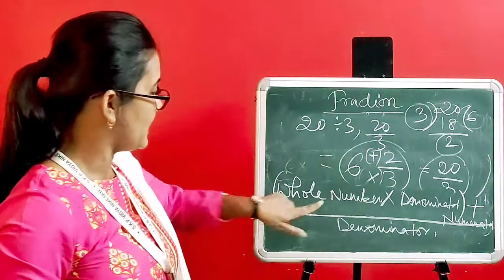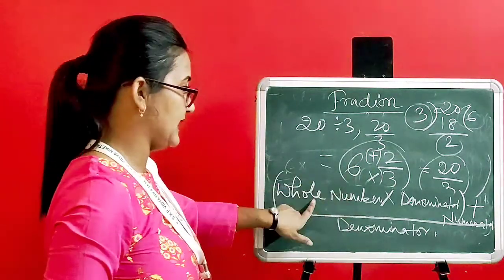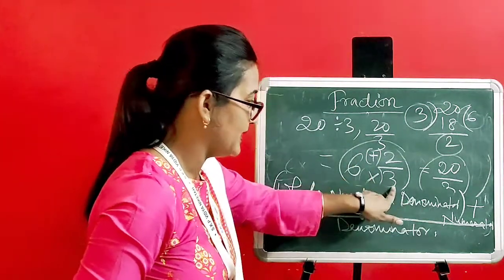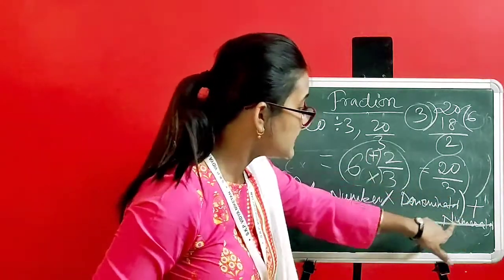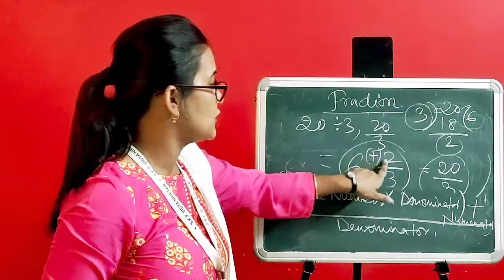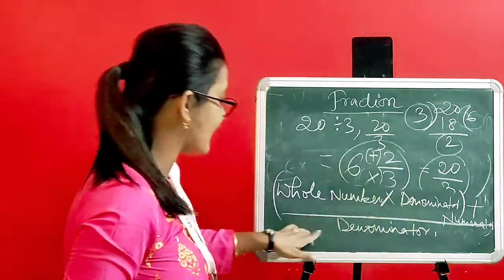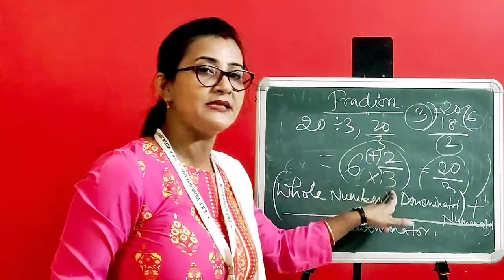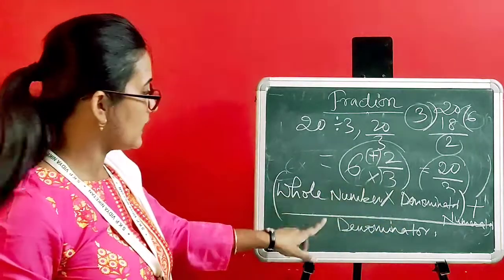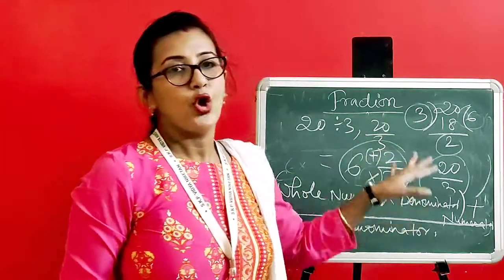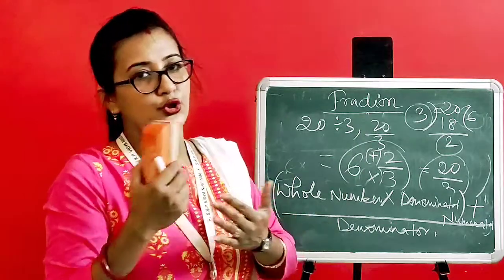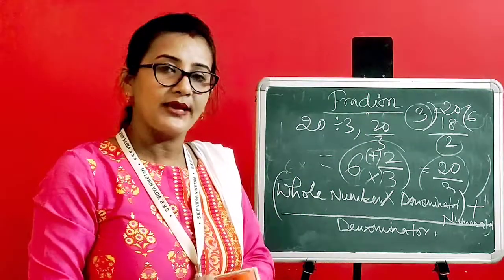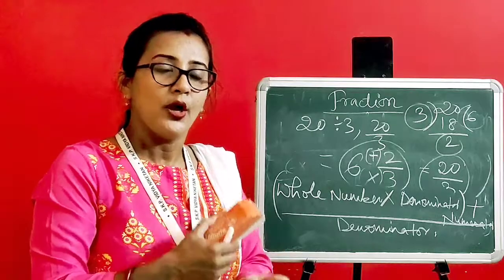So from here, whole number means 6, into the denominator means 3, 6 threes are 18, then plus the numerator, plus 2 is 20, again divided by the denominator, which is 3. Okay. So this is how we can convert a mixed fraction into an improper fraction, or an improper fraction into a mixed fraction.